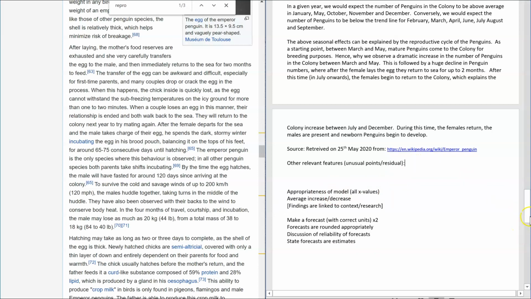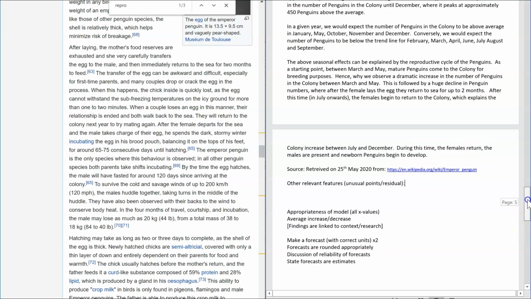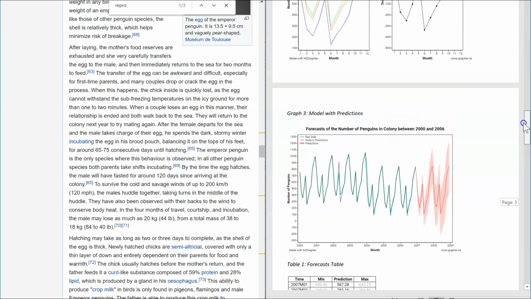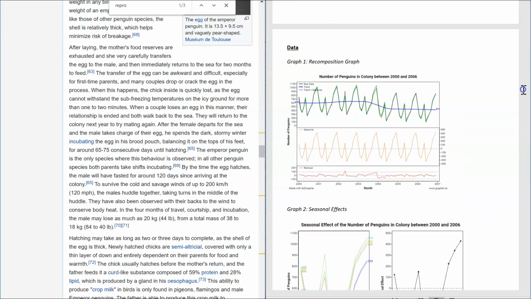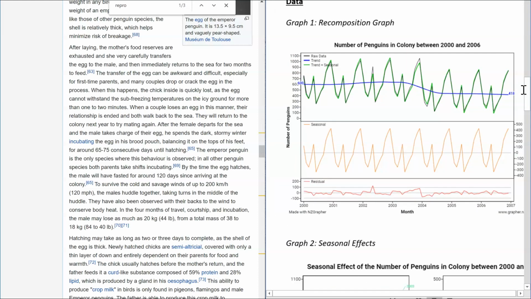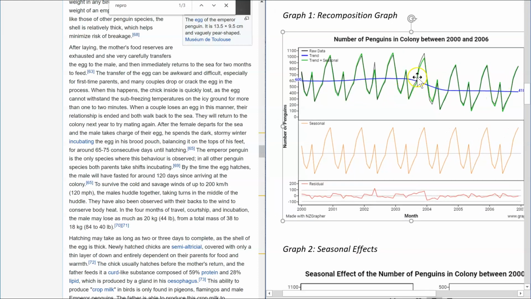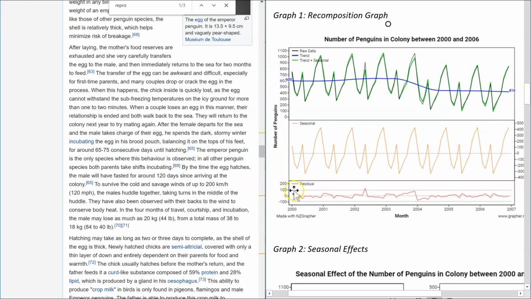And for that, we want to have a look at our recomposition graph. So I'm just going to zoom in, and what we will be able to see is that there is actually one unusual point just up here. We're not really sure what that is, but it's clearly outside the unusual point train tracks, we'll call them. So I'm going to navigate back to NZGrapher to find the exact date of that unusual point.